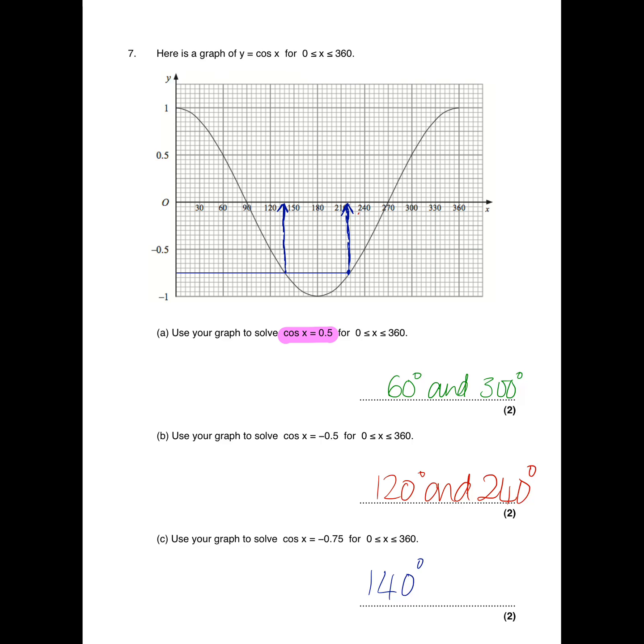Now don't forget about the symmetry that is at work here. The gap between this 90 and that 140 is a 50-degree gap. The same size gap would be here from the 270. So I know it's 220 because I can see it on my graph paper, but just to emphasize, I could have worked that out anyway.